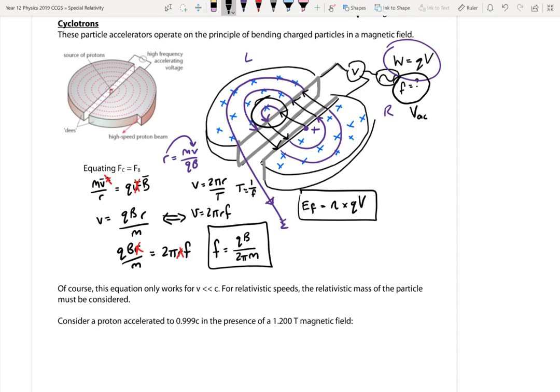The inside slow-moving first turn, with a slow speed and small radius, is going to take the same time as our fast outside curve, a greater radius but at a faster speed, directly proportional. They're all going to travel in the same time. And so you just go flip, flip, flip, and out comes boom, boom, boom. A constant stream of energetic particles. Isn't that lovely?